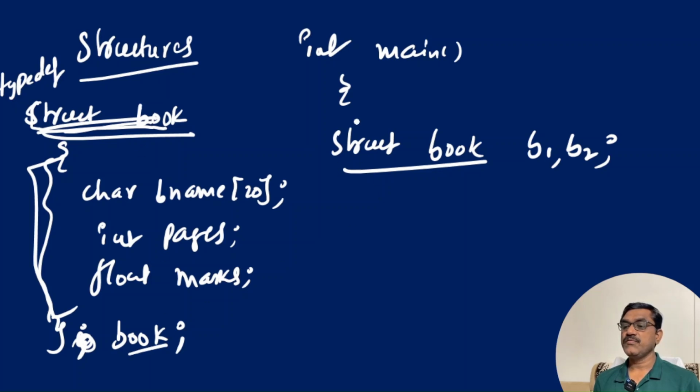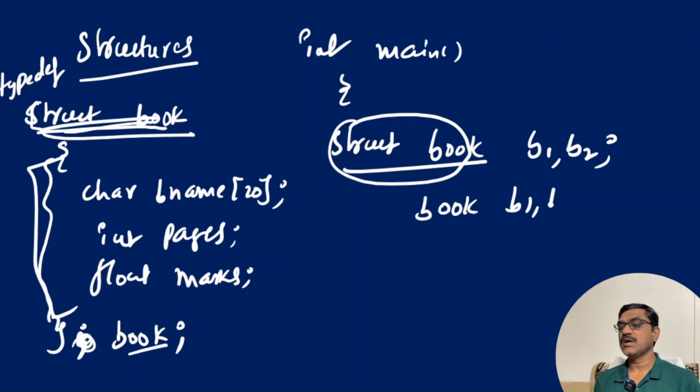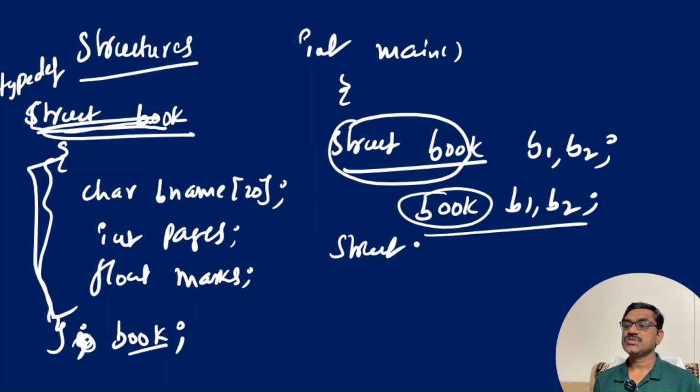Now whenever we write struct book, in the place of struct book, directly you can write only book b1, b2. So this is the way of using the typedef statement. So the use of the typedef statement is that instead of writing struct book every time, we can give a shortcut name like book. So the meaning of book here is every time struct book.